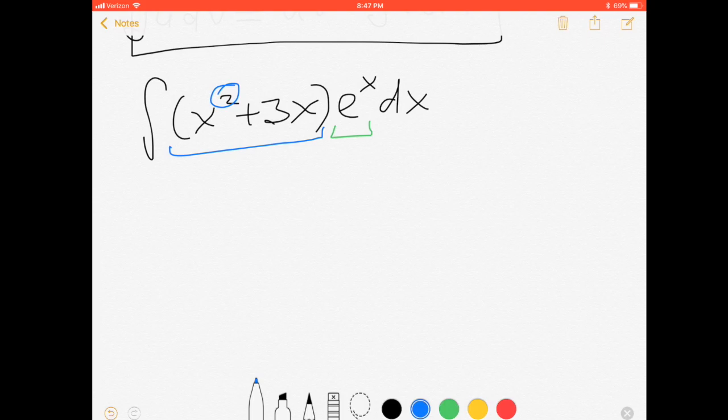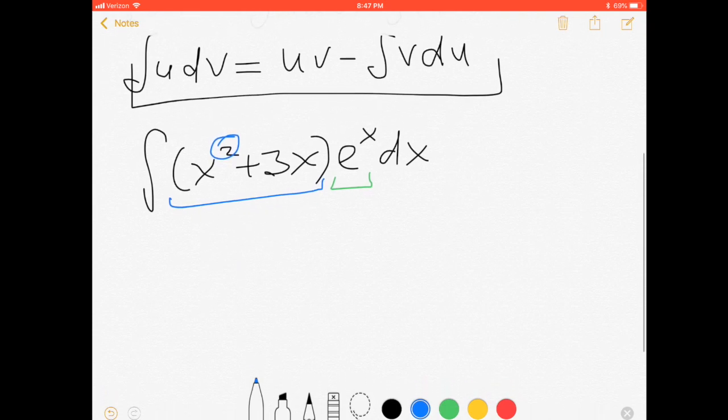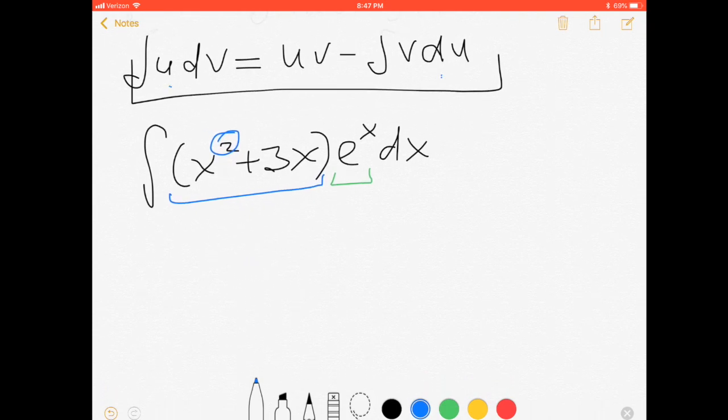Okay, great. My goal is that my second integral will be simpler than the integral I had before. It happens if one of these functions disappears. It's possible only if you don't have the polynomial. Okay, this helps us.